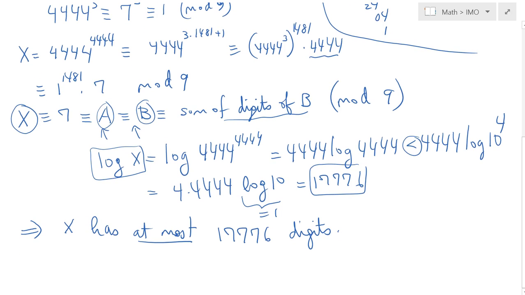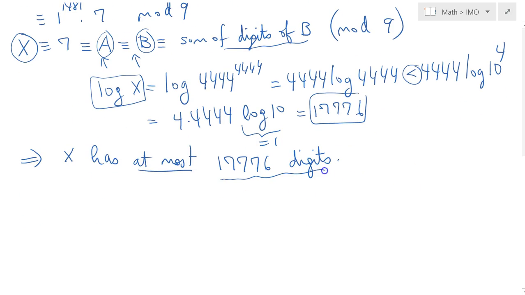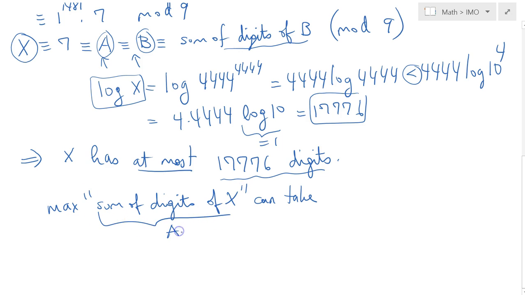But then I can speculate in the following way: even when all the digits of this number are 9, the max sum that the digits of x can take, the sum of digits of x is a, obviously, so the maximum value that a can take is, if all these digits were a 9, that would have been the answer, right?